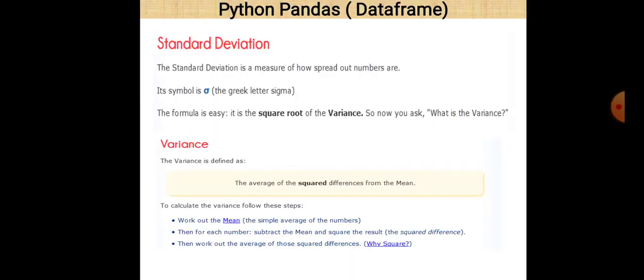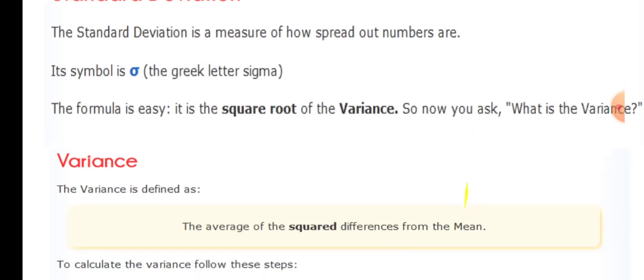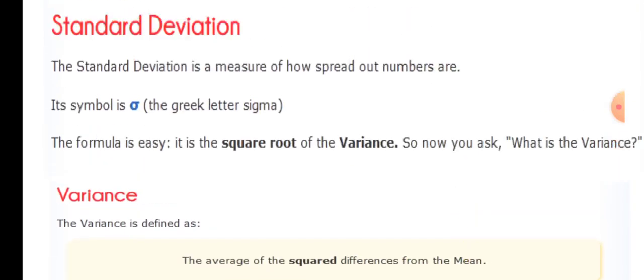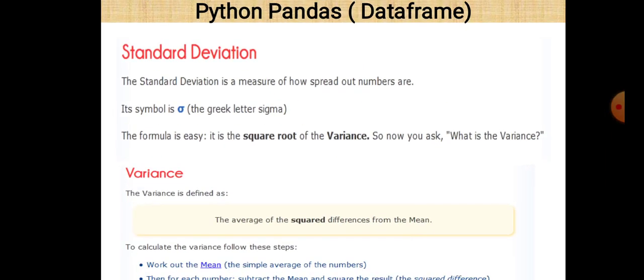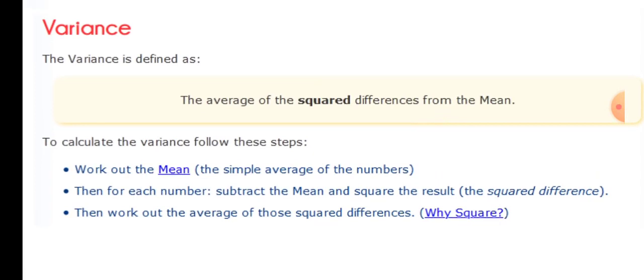And then this is some numerical part regarding the standard deviation, which shows how you can calculate standard deviation and variance in mathematics. First of all, there is a relationship between variance and standard deviation. Standard deviation is nothing but the square root of the variance, and it is always represented by the Greek letter sigma. First of all you have to find the mean, and then for each number subtract the mean and square the result.